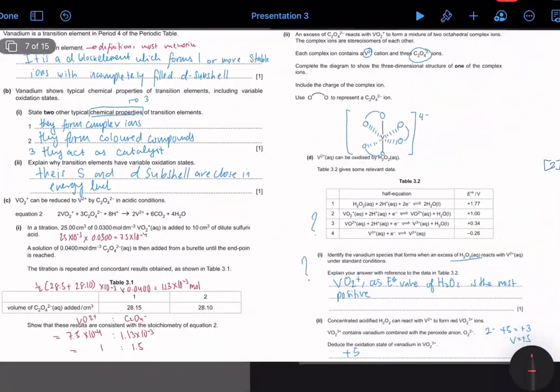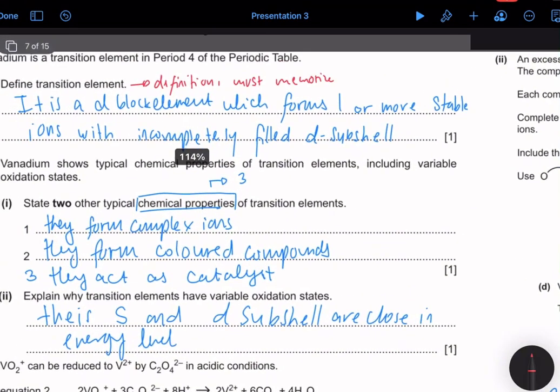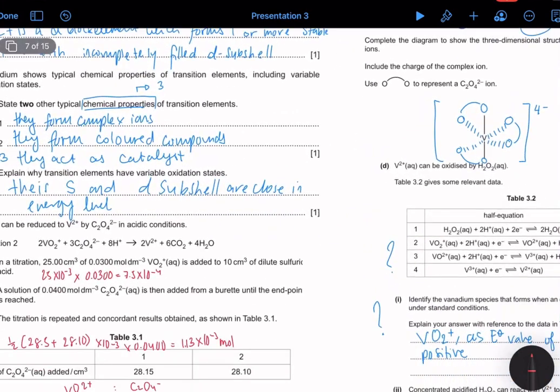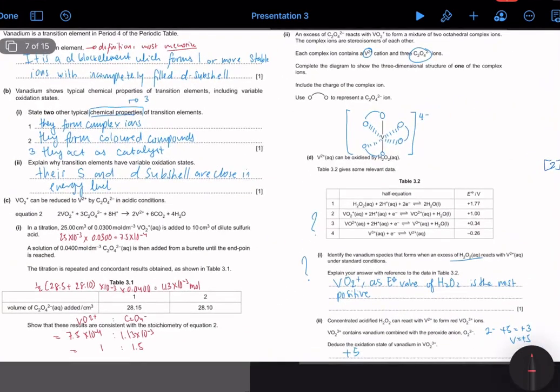Okay, so what is a transition element? Vanadium is a transition element in period 4 of the periodic table. So define what a transition element is. I guess this one has to be memorized. A lot of the inorganic section actually requires memorization.